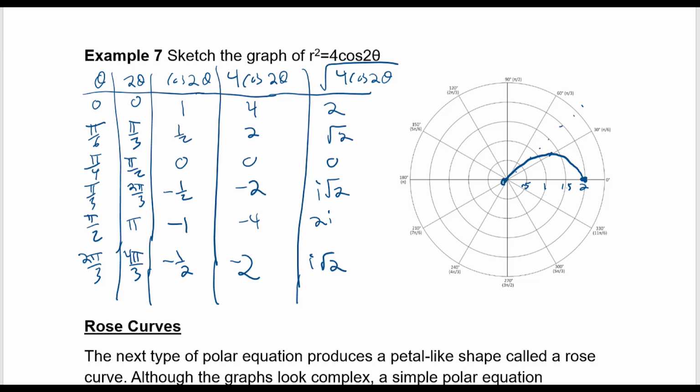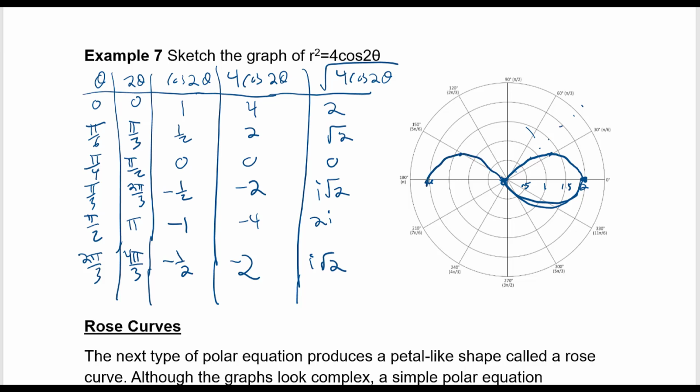Now, it's supposed to be symmetric with respect to this line here. So we can fill that in like so. And it's supposed to be symmetric with respect to pi over 2. So this point here would be this point here. This goes out to here.